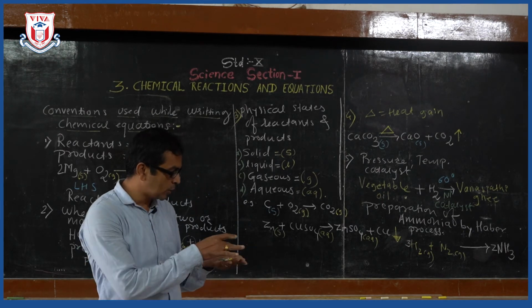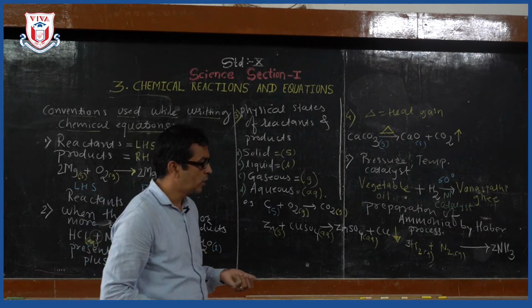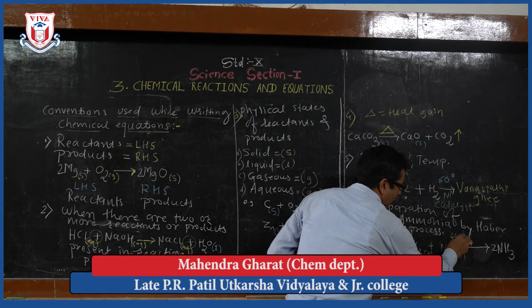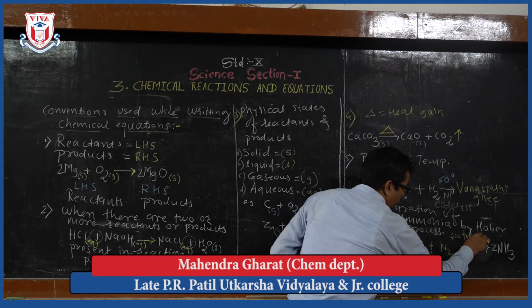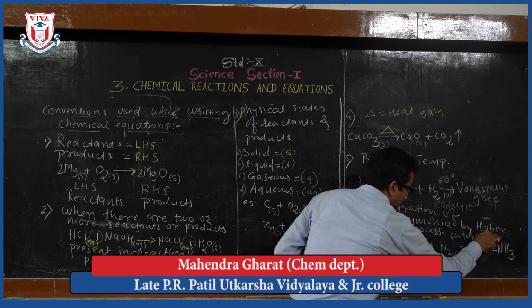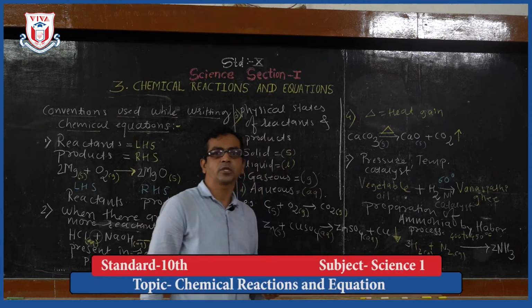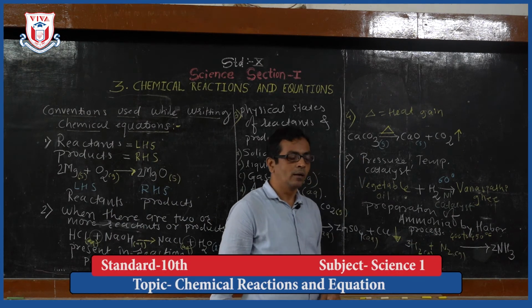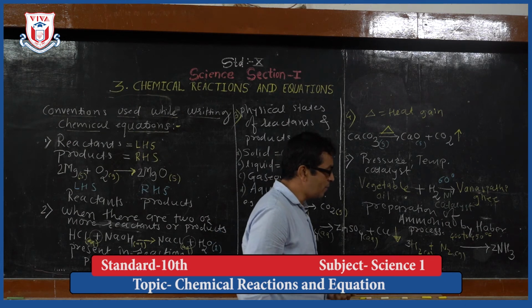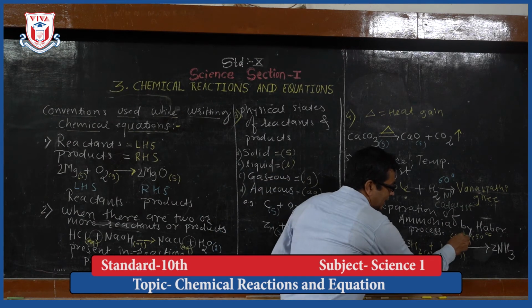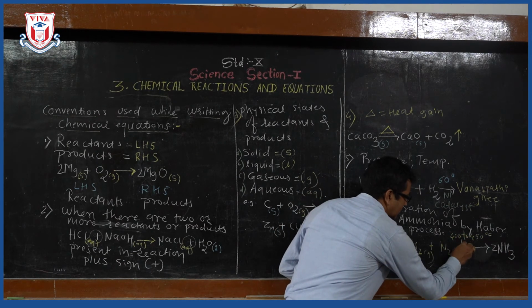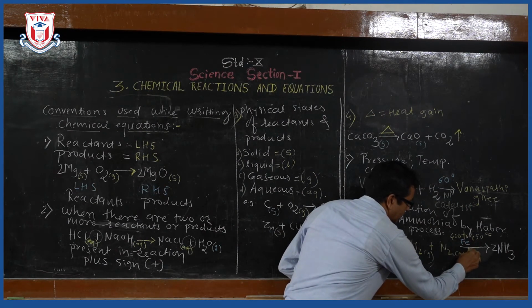This reaction you have to carry out. To carry out this reaction, you require a temperature of 400 to 450 degrees Celsius. A very high temperature is required. So that you have to write above the arrow. Same way, the reaction is carried out in presence of Fe, iron, as a catalyst.